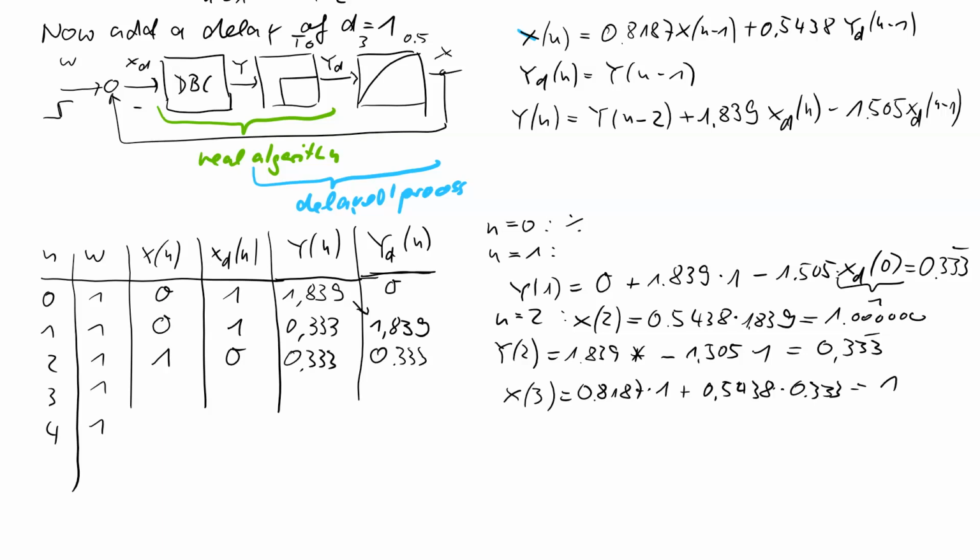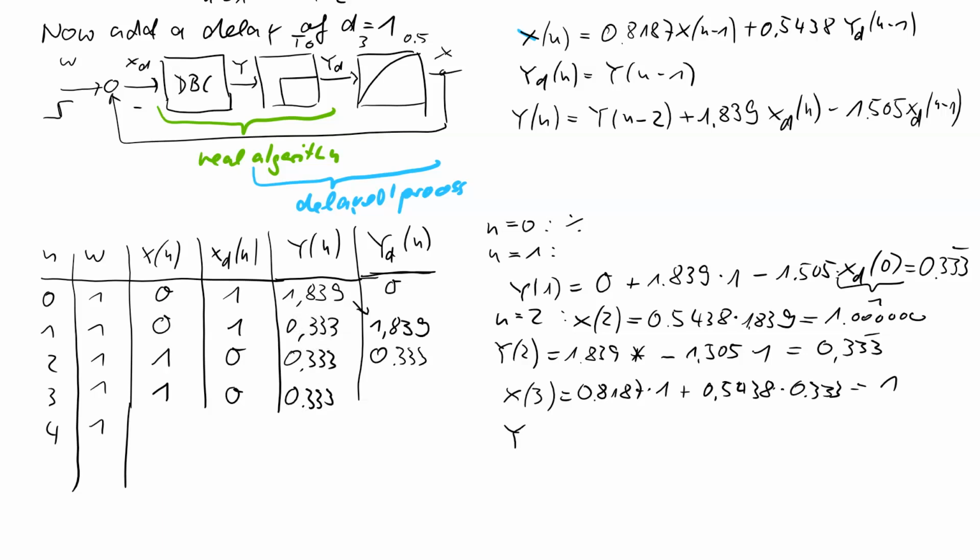So here in the case of 3 we have x3 still 1, then this is 0. Y of 3 now: xd 3 is 0, xd 2 is 0. We have only the old output 2 steps before, and this is 0.333.